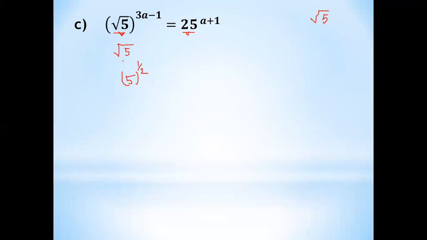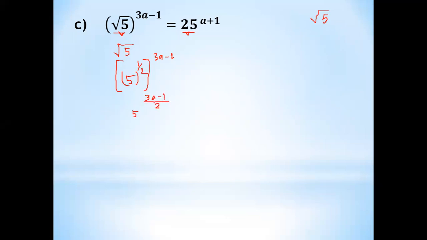But there is already a power. If you see in our particular question, there is already power 3a minus 1. So that means, according to the power law, power to the power will multiply, isn't it? So power 1 by 2 and power 3a minus 1 will multiply. So eventually we'll get 5 to the power (3a minus 1) by 2.